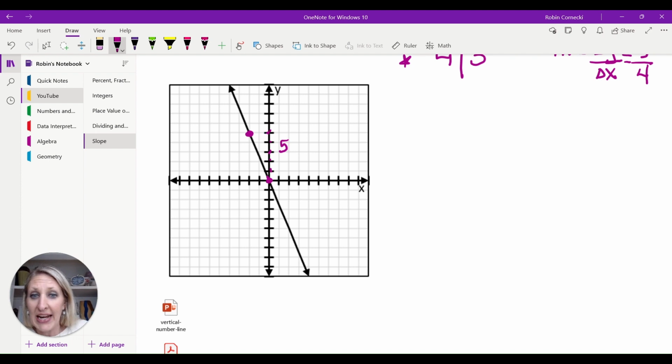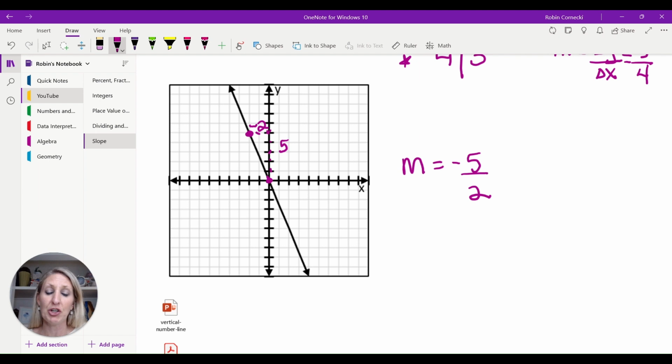Then I'm running to the left 2, towards the negative values. So my slope is -5/2. It doesn't matter where you put your negative symbol. It will always mean that the whole slope is negative. And it is negative from the steepness from left to right.